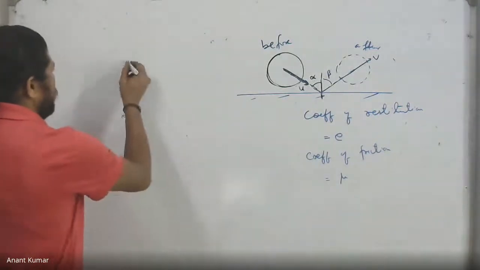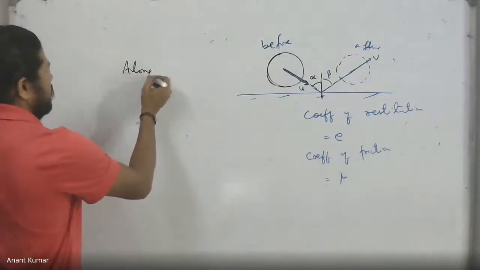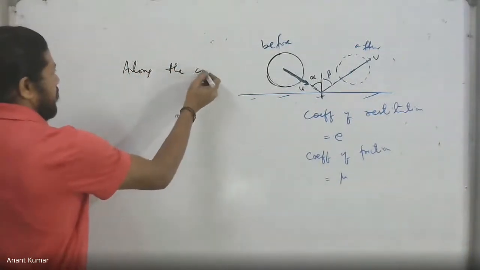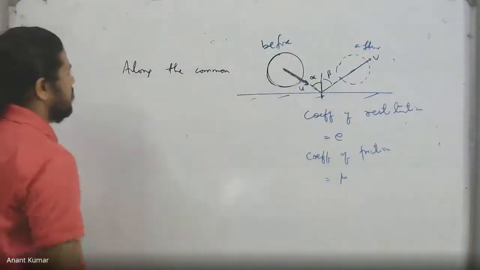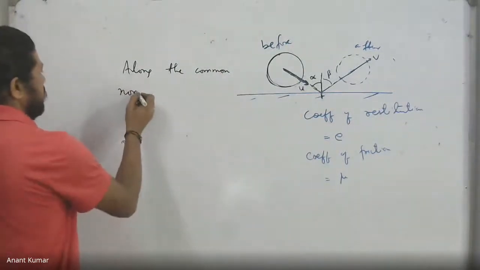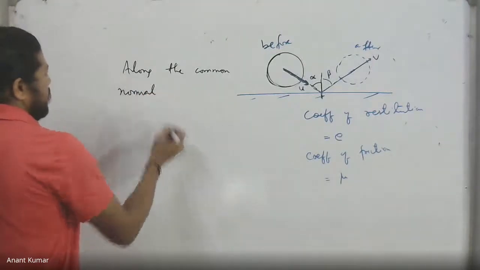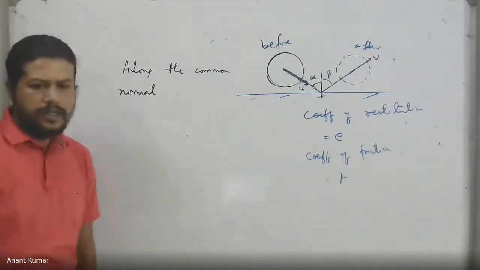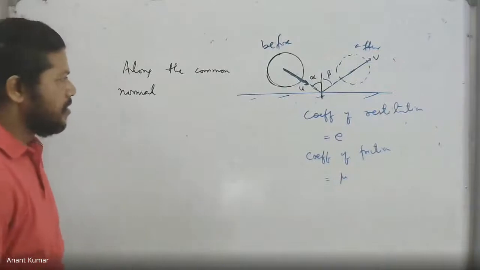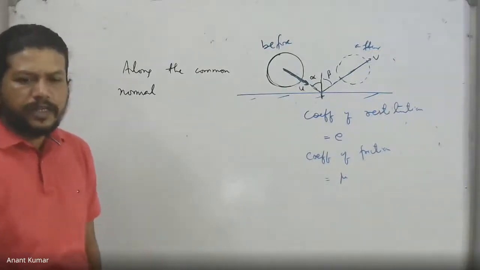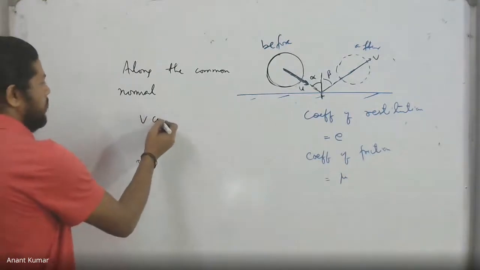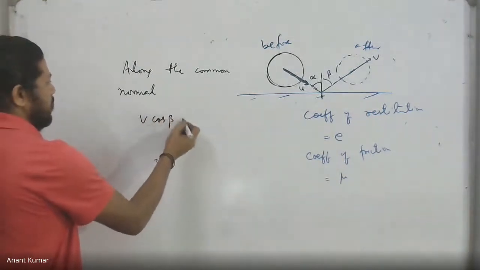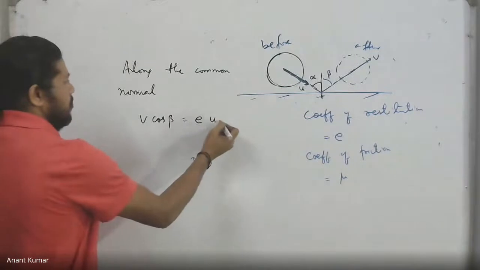Okay. If I consider this along the common normal, in this direction, as said already, there is a coefficient of restitution E, which implies that the outgoing velocity, which is v cos beta, is equal to E times u cos alpha.